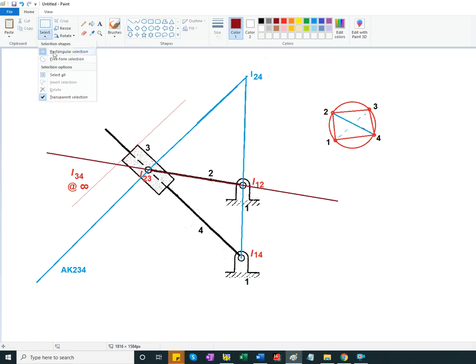Let me copy this for convenience. Copy, paste. Paste again. Okay, so back to the line tool. I'm now drawing the Kennedy line 1 2 4.